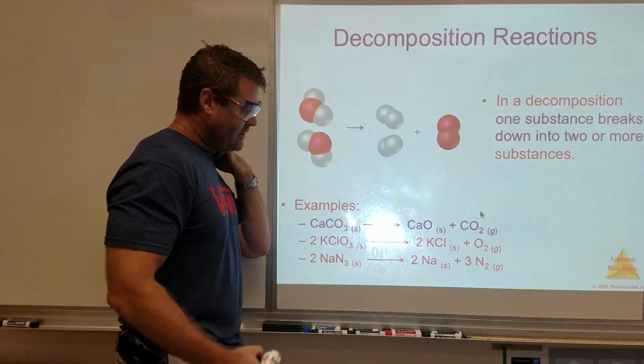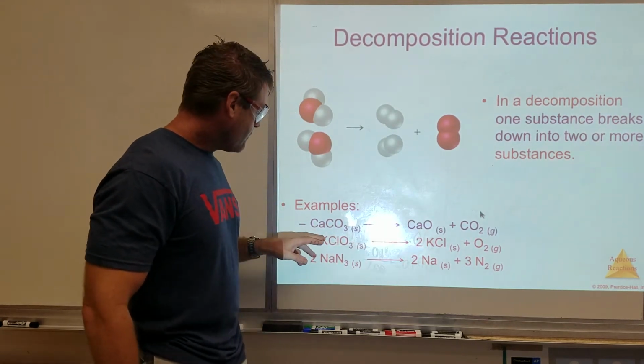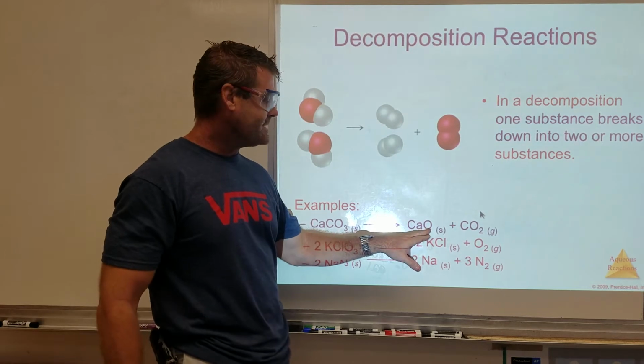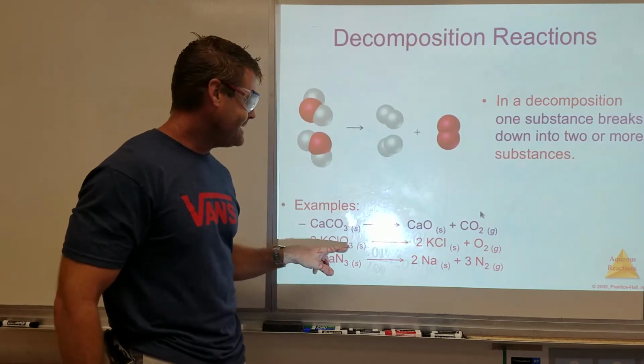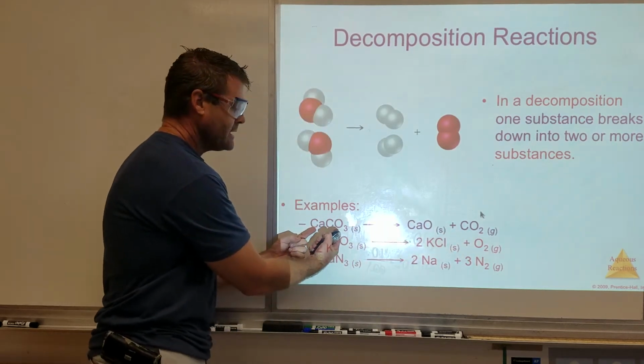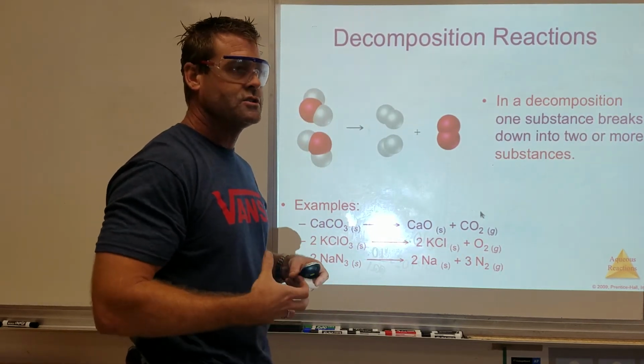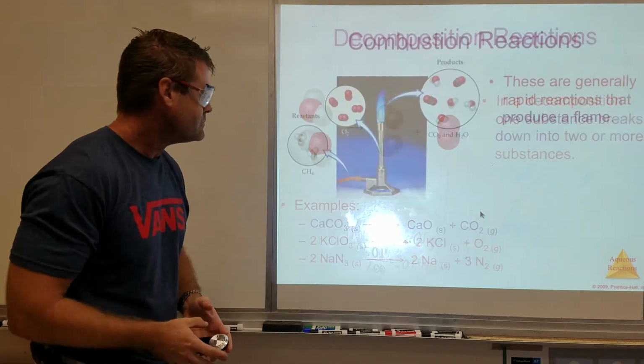And you can use a chemical process and separate the calcium from the carbon, and you can form calcium oxide and then carbon dioxide. But you guys see how two or more smaller substances come from a larger substance. And a lot of times you initiate decomposition reactions also with heat and you break it down.